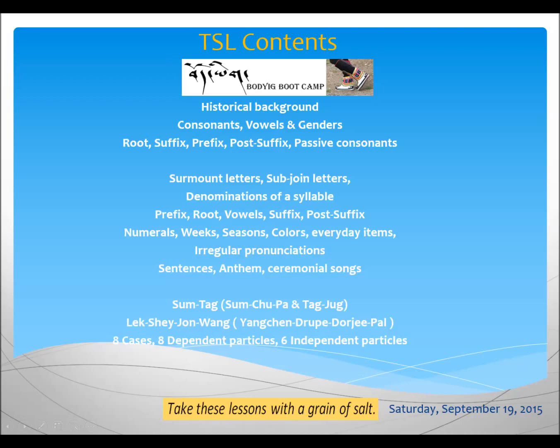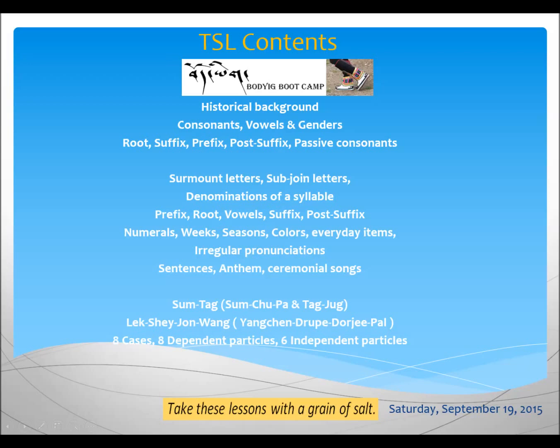And so as a student, we learned Leksha Joma, which is for Sumjupa, and the author is Yangjin Drube Dojibel. So we learned Leksha Joma, which covers everything about Sumjupa in an easy to understand, precise way.